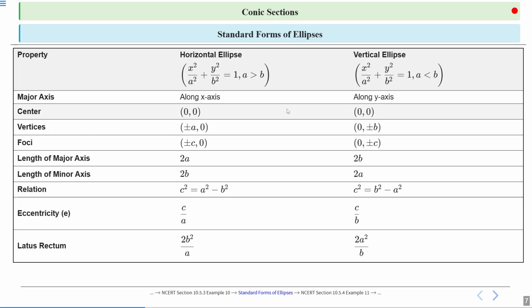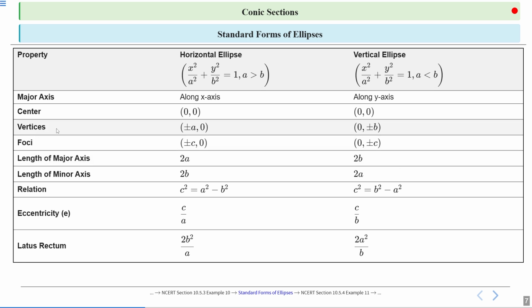Now we will see some properties. What is the major axis? The major axis for a horizontal ellipse is along the x axis, and the major axis for a vertical ellipse is along the y axis. The center for both is 0 comma 0, the origin.